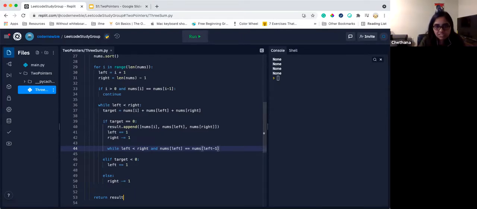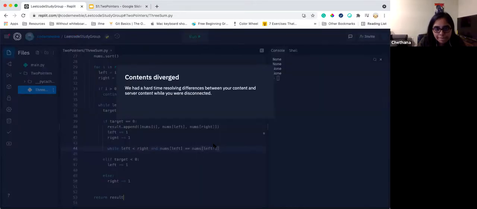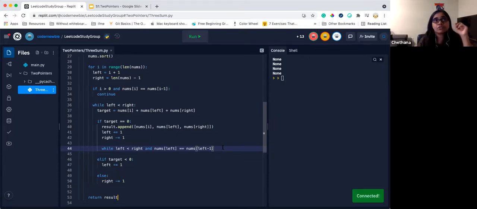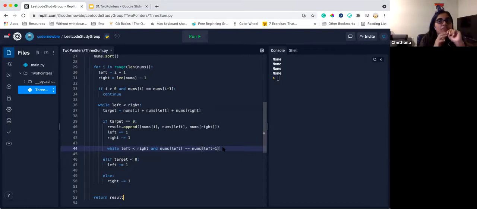So this wouldn't really be an if statement, because suppose for one iteration your left pointer may initially be pointing to -1, and the one right next to it is also a -1, and then a -1, and so on and so forth.